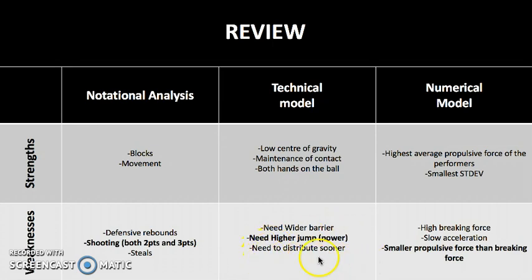And they need to distribute the ball sooner. And finally, for the numerical model, the weaknesses were that high braking force, that slow acceleration, and that smaller propulsive force than braking force, which would mean that the braking force was slowing them down, instead of propelling them forward with that propulsive force.